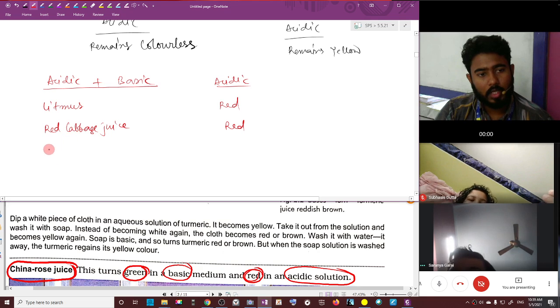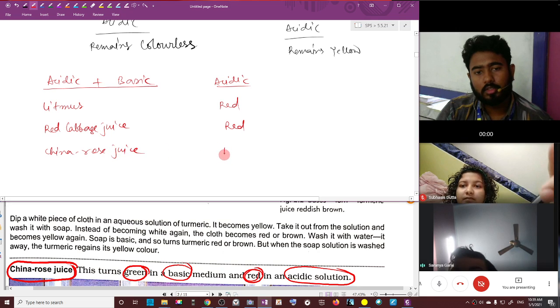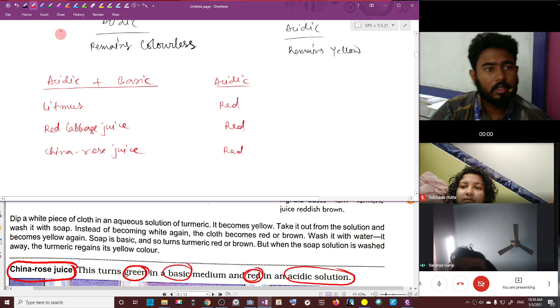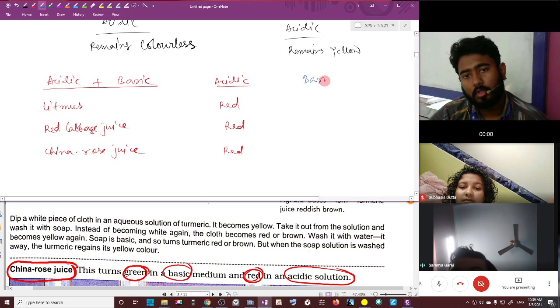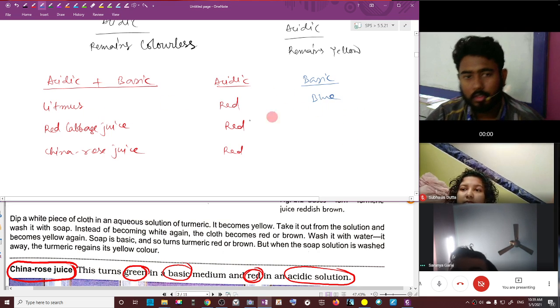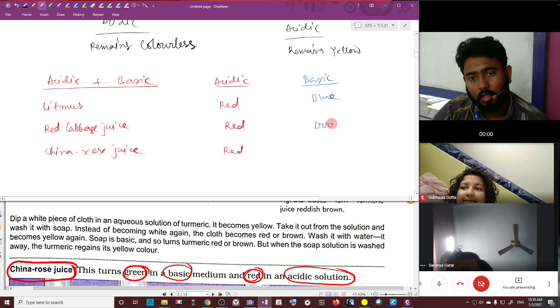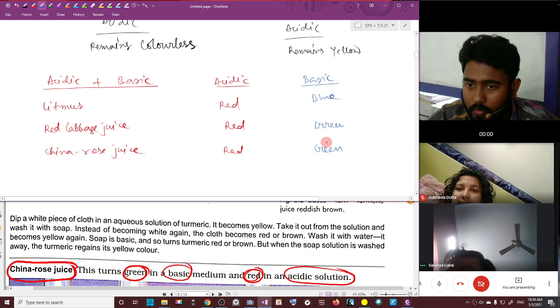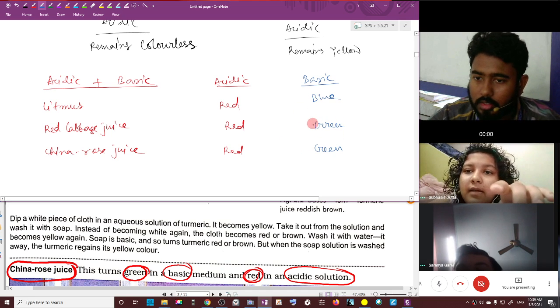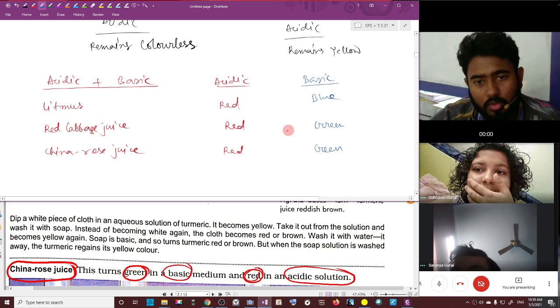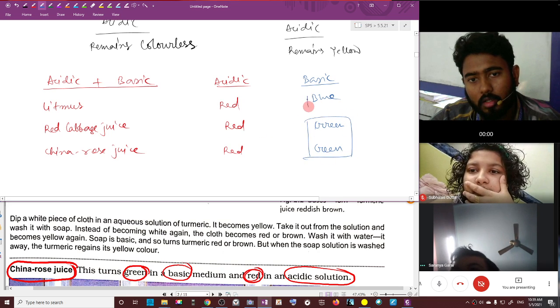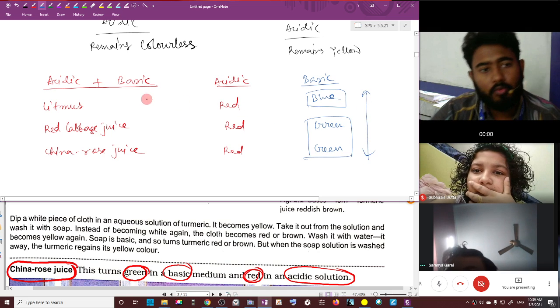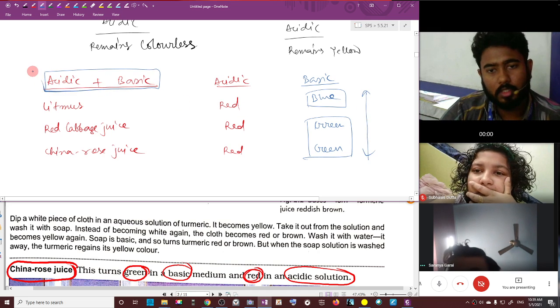China rose juice is also red. In the basic medium, litmus is blue, and the rest of them are green. Blue and green are nearby colors. So basic is nearby blue for indicators which are both acidic and basic.